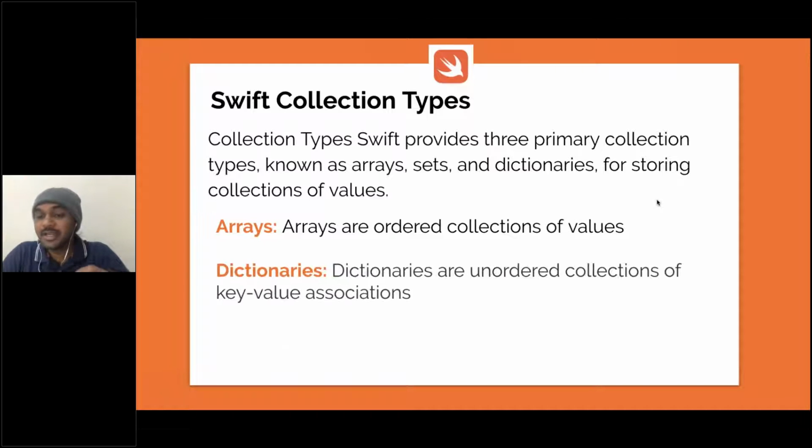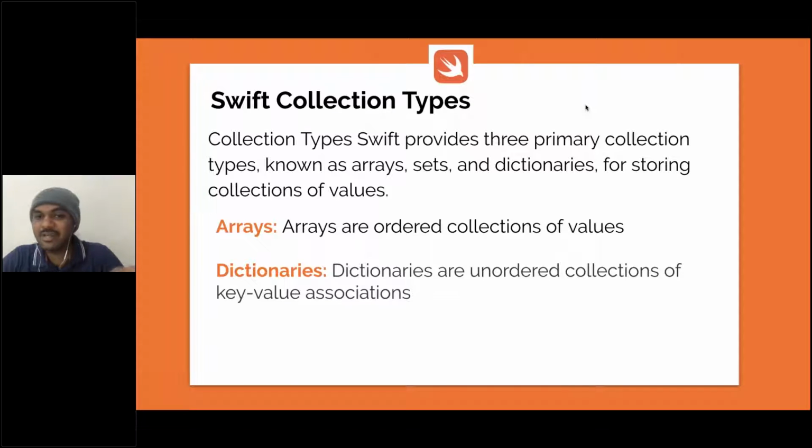Then dictionary. A dictionary is a collection type where you maintain unordered elements with key-value association. If you remember the hash map technique, we use it in dictionaries. What does the hash map technique mean? Whenever you store some value, based on that particular value it will generate a hash value, and based on that hash value it will store the data.